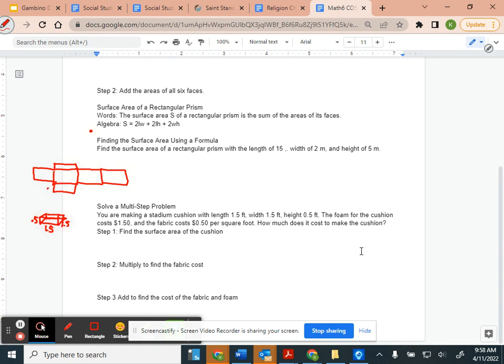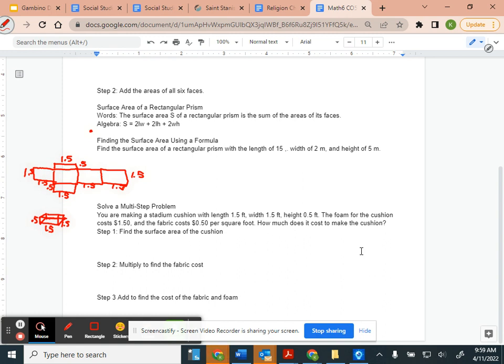So this would be 0.5, this would be 1.5, 1.5, 1.5, 1.5, 1.5. So you could find your areas for each shape from your net.